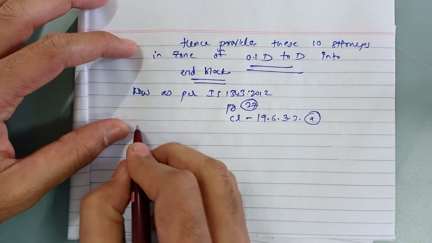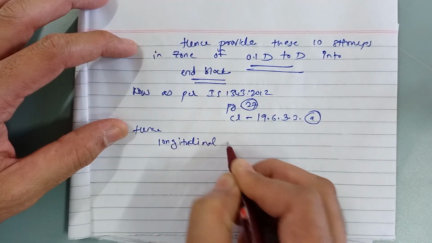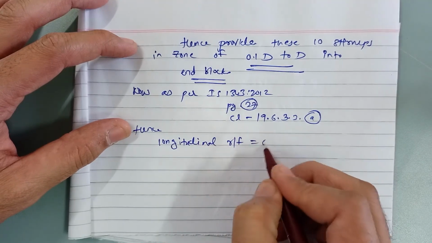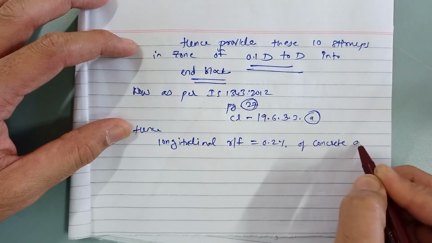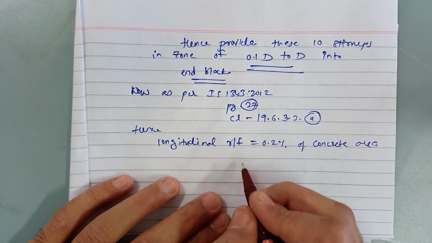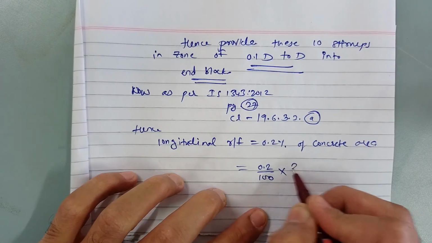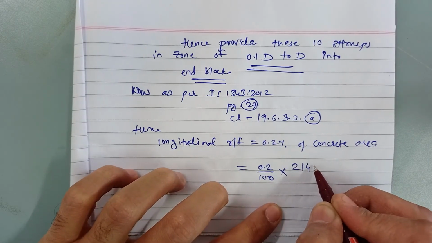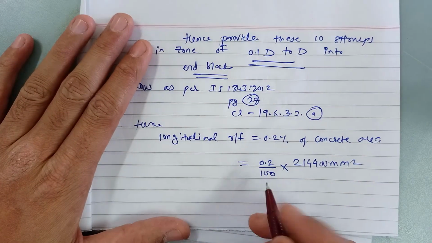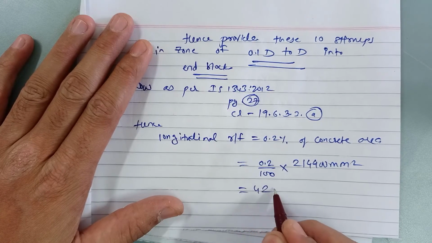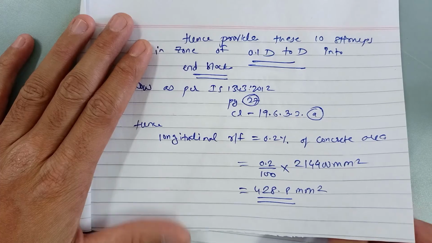Hence, longitudinal reinforcement is equal to 0.2% of concrete area, that is 0.2 divided by 100, and the concrete area of our section is 214,400 mm square as determined in step number 2. Hence, longitudinal reinforcement required will be 428.8 mm square.